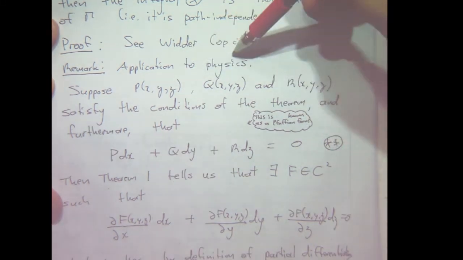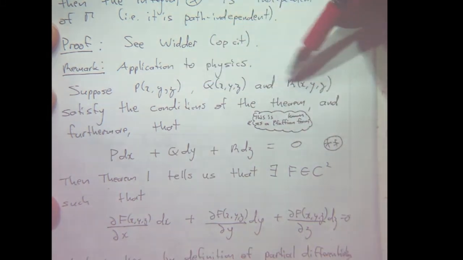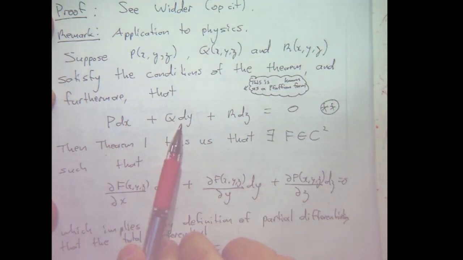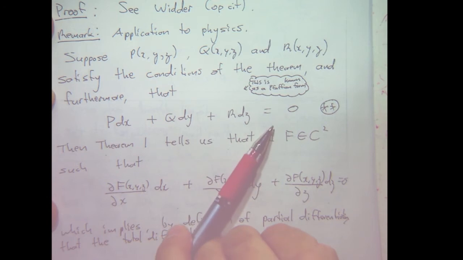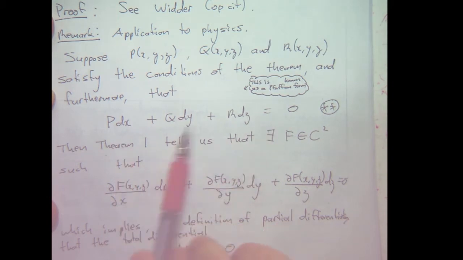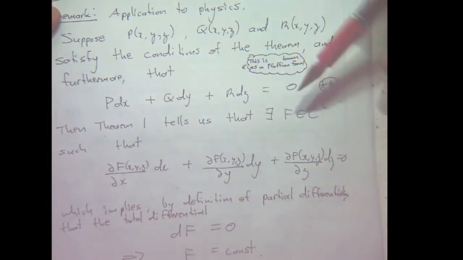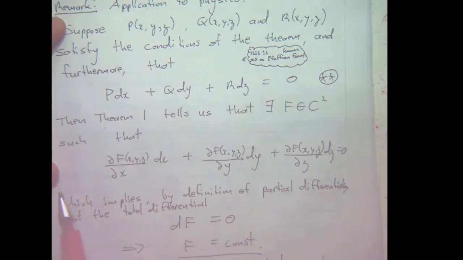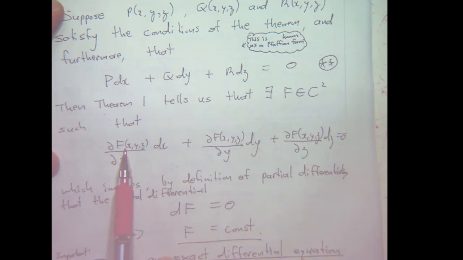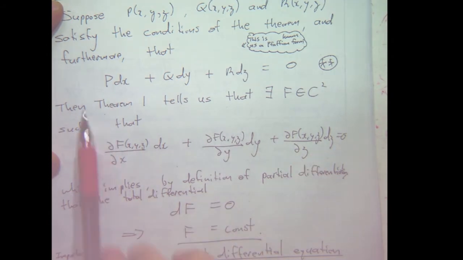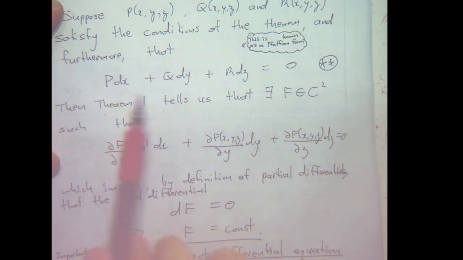So the application to physics is, suppose PQR satisfy the conditions of the theorem, and suppose that P dx plus Q dy plus R dz equals 0. Suppose that this equals 0. Then the first theorem tells us that there's some function f such that df by dx dx plus df by dy dy plus df by dz dz is 0, because df by dx is p, etc. But look at this.